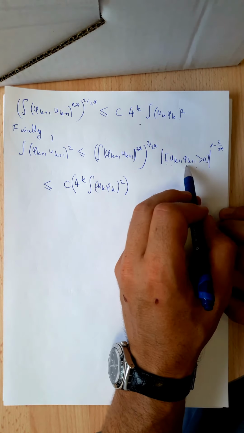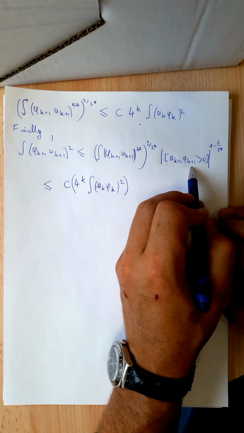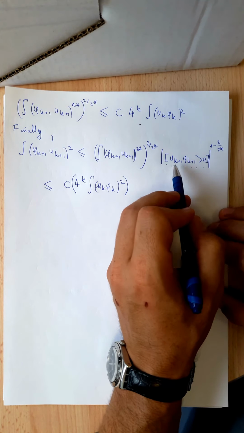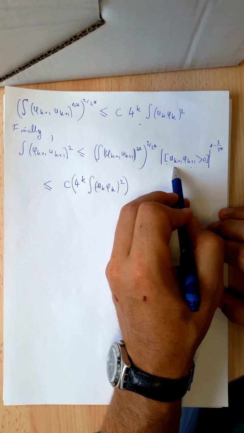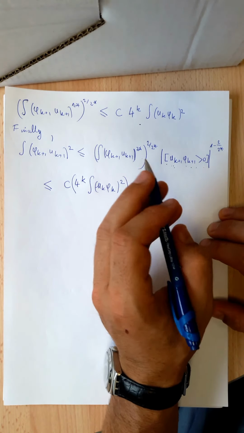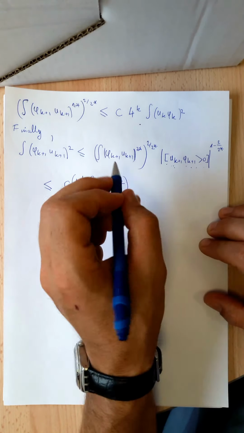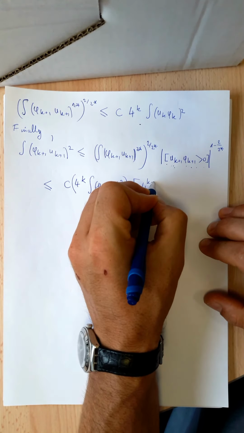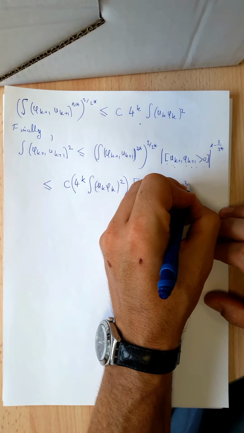And what about this quantity? Well, on this set, as we said, phi k is going to be equal to 1. And also, u k plus 1 being positive, we know that u k is going to be bounded below by 2 to the minus k minus 1, sorry. So we can bound again this measure by 4 to the k plus 1 times the integral of u k phi k squared.